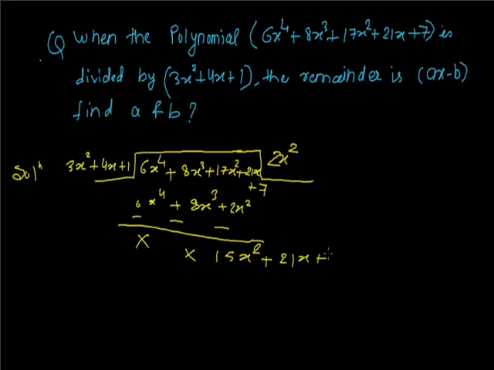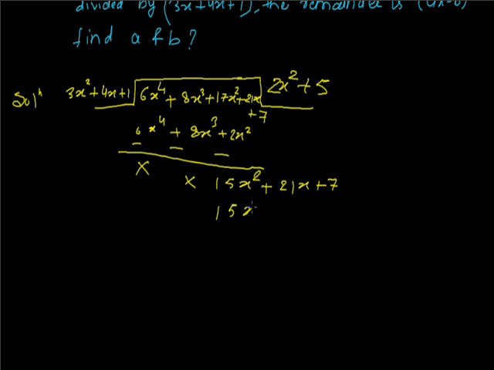Now 3x square is multiplied by which term to get 15x square? The value is plus 5, and the result becomes 15x square. 4x multiplied by 5 becomes 20x, and 1 multiplied by 5 is 5.